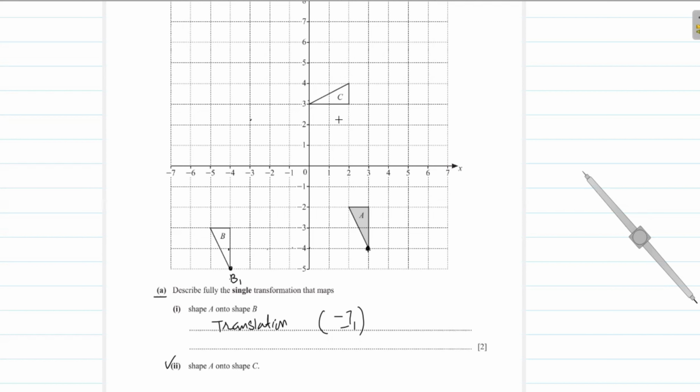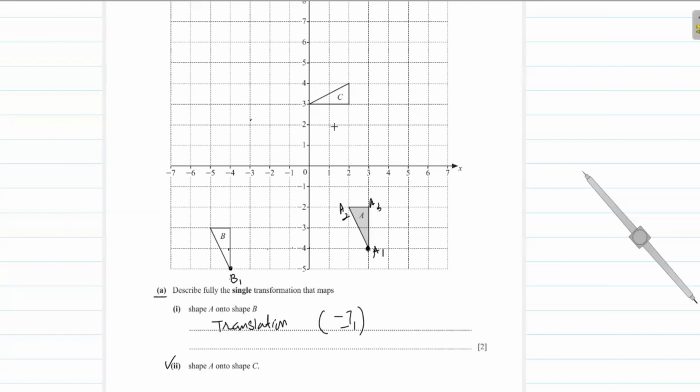This transformation is a rotation. Firstly, we find the center of rotation to describe the transformation. To find it, we mark the object points of object A. This is point A1, this is point A2, this is point A3.